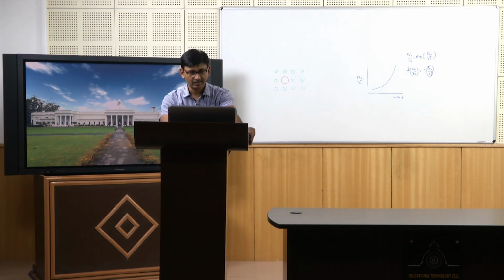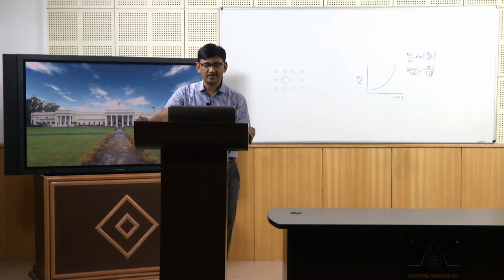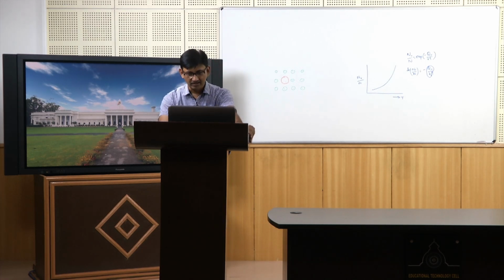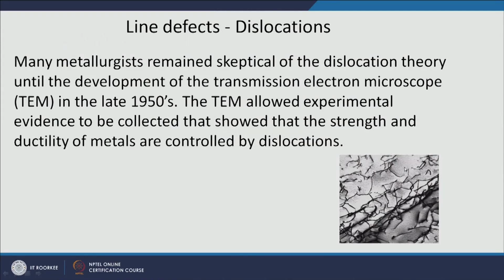Now, of course, it was initially thought that this type of idea is there, and later on when electron microscopy was invented and transmission electron microscopes were developed, people saw that actually this is the case. You can see this is a nice micrograph, and the scale length is not there, but these are at nanometer scale, and all these lines which you see are dislocations.